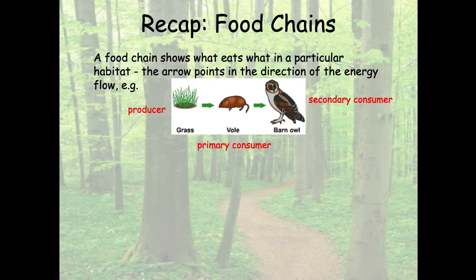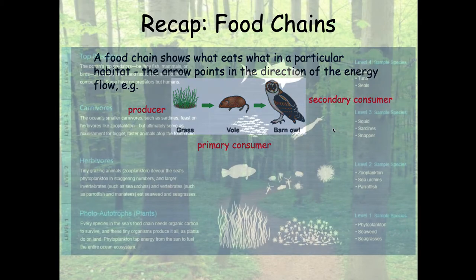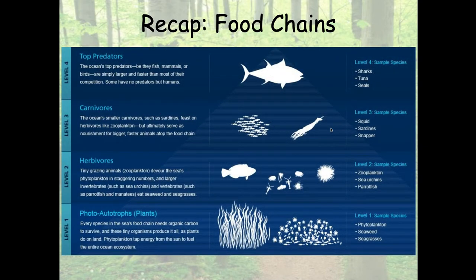If we look at a food chain in an ocean environment, you have your photoautotrophs, your plants at the bottom here, plants and algae. They are then consumed at level 1. Level 2, the herbivores, zooplankton, sea urchin, parrotfish eating the photoautotrophs, the plants.